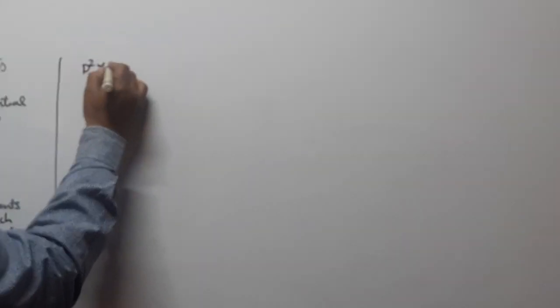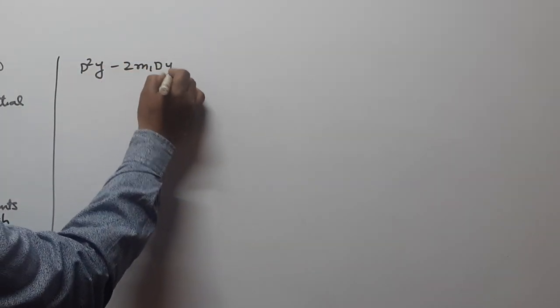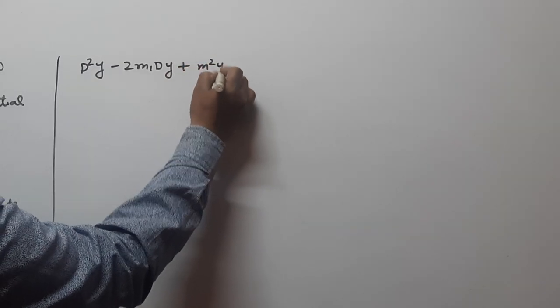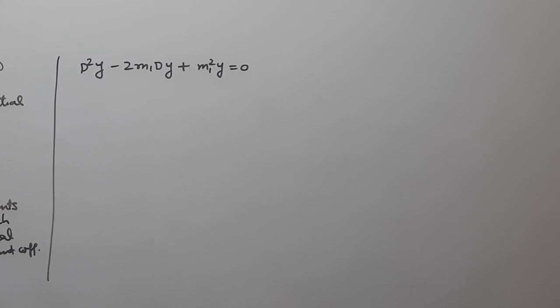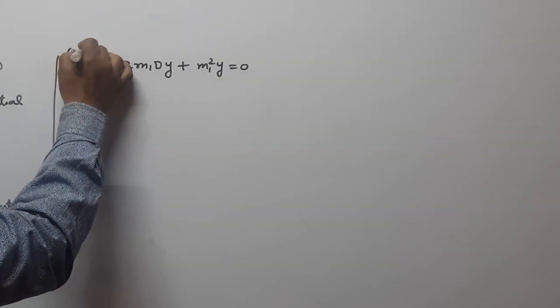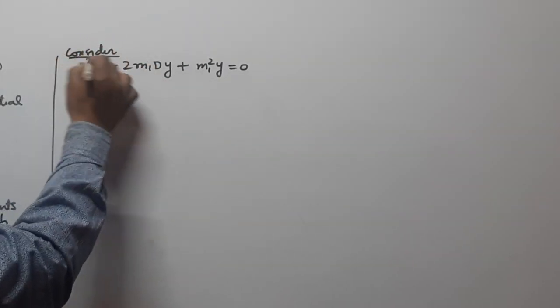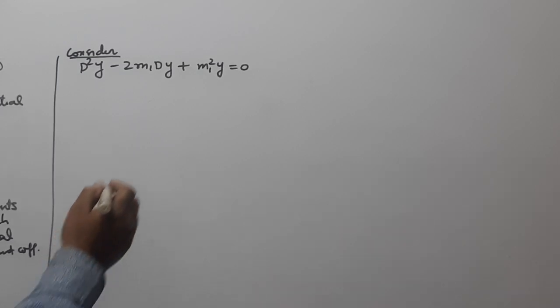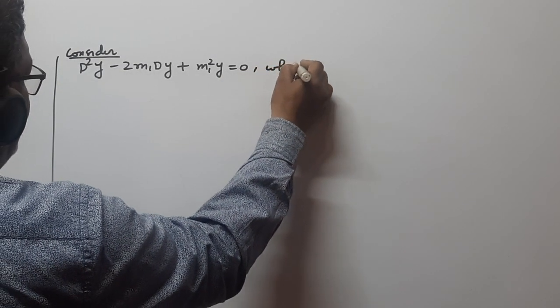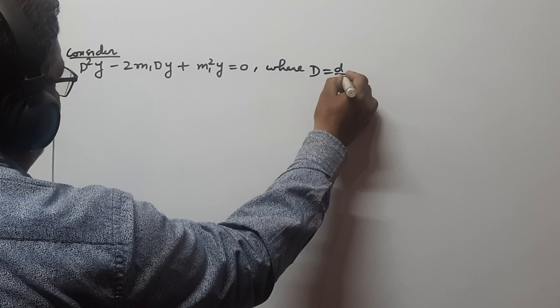Now we consider a differential equation: D square y minus 2m1 D y plus m1 square y is equal to 0, where capital D is equal to d by dx.